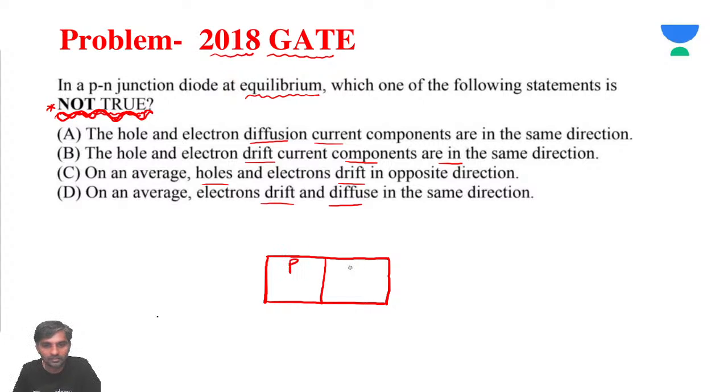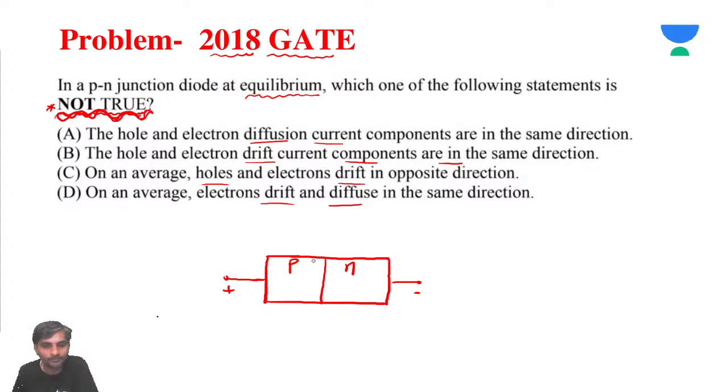This is P, this is N. Let's say some positive voltage you are giving here and some negative voltage here. He's talking about diffusion and drift current.